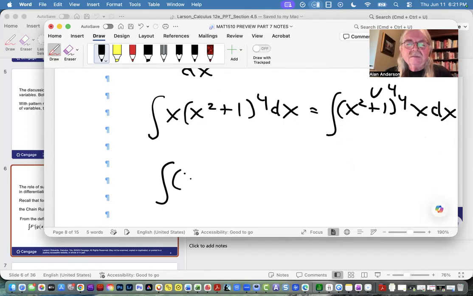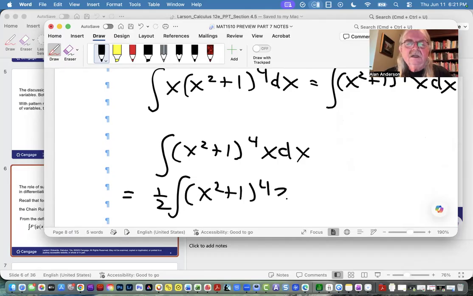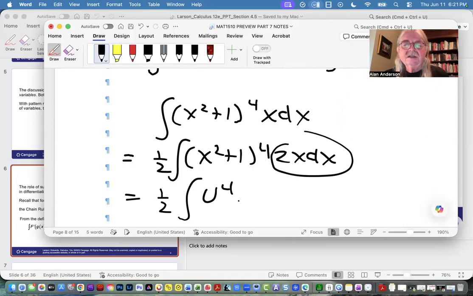But that's not a problem because here's what I can do. Oh, can I multiply and divide by the same number? Of course. So therefore, by doing it like this, I have u to the fourth, and this is my du. Well, now we're all set.